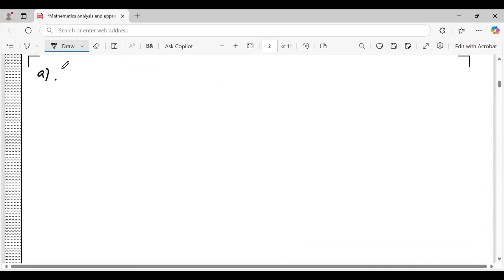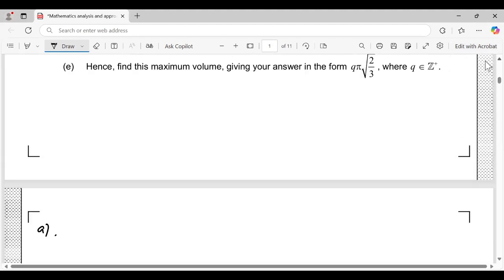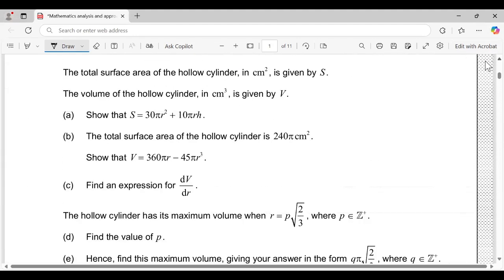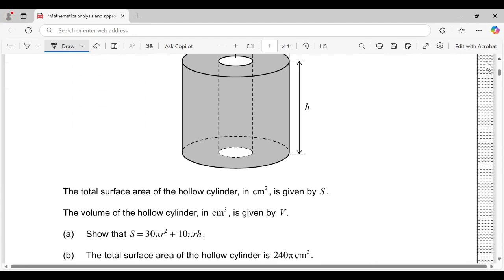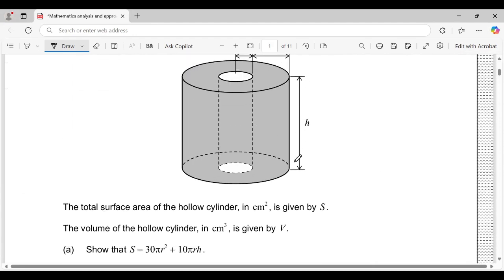So the cylinder consists of the outer lateral area and the inner lateral area, the area of lateral outer and area of lateral inner, outside and inside.